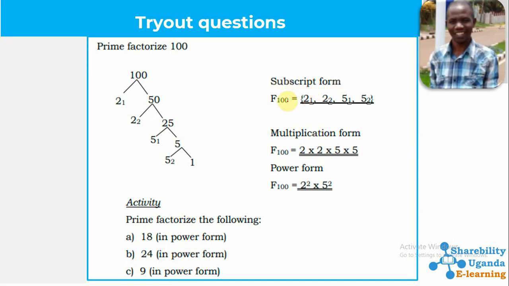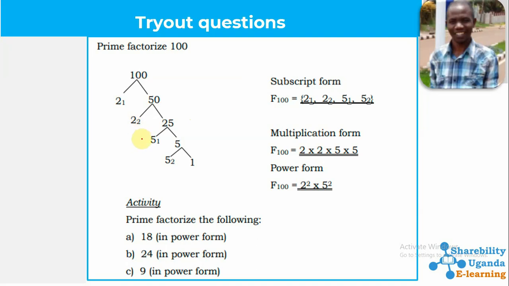We use this subscript notation if we are asked to give our answer in form of powers. So now you come and arrange. Our 2 appears twice, which is this one.